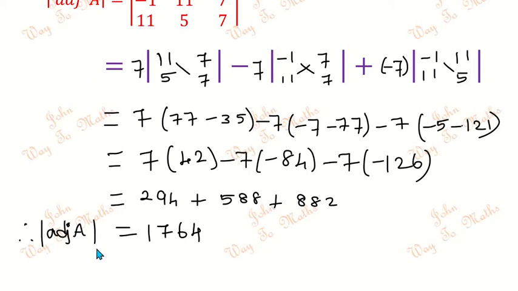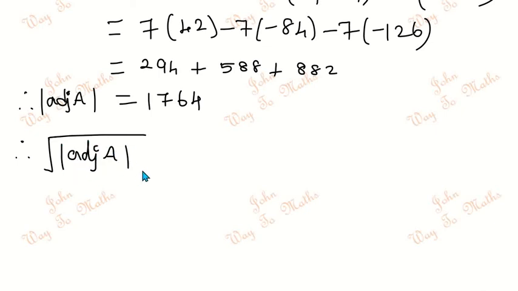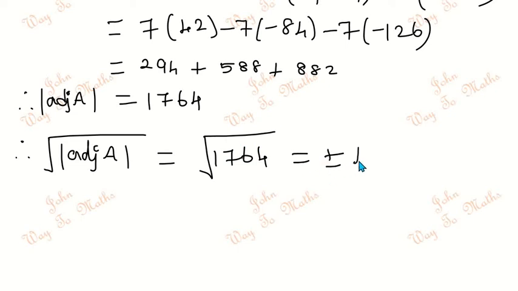Therefore the determinant of adjoint of A is 1764. The square root of the determinant of adjoint of A is the square root of 1764, which is plus or minus 42.